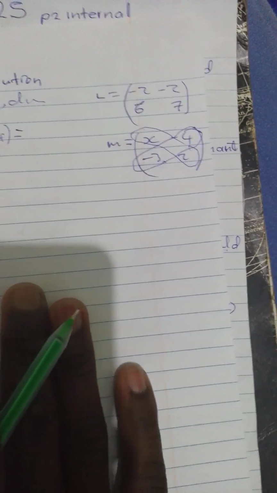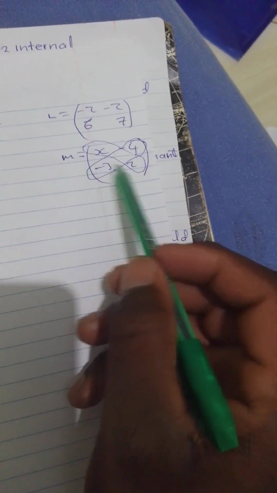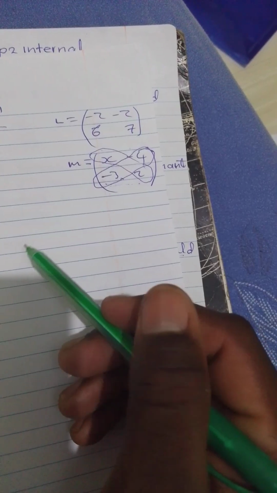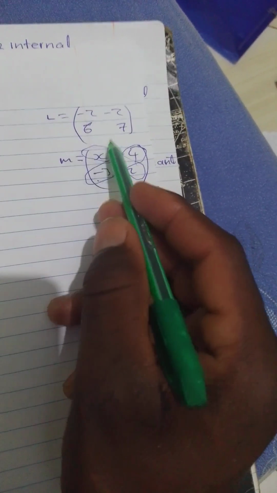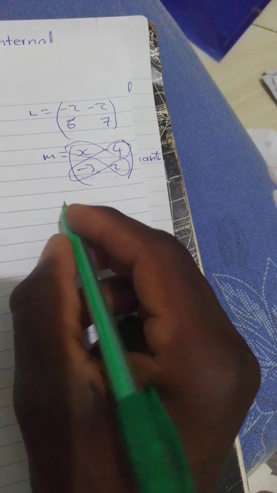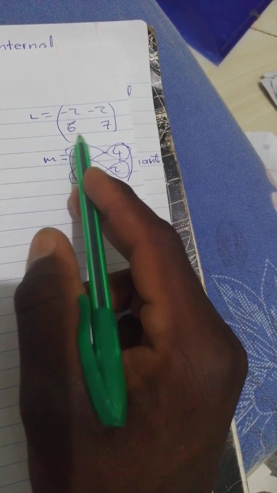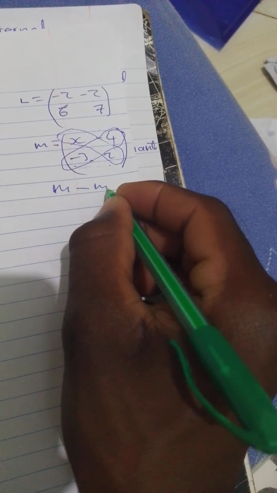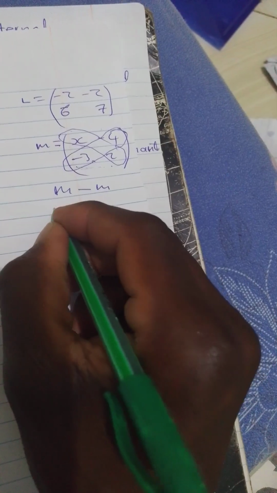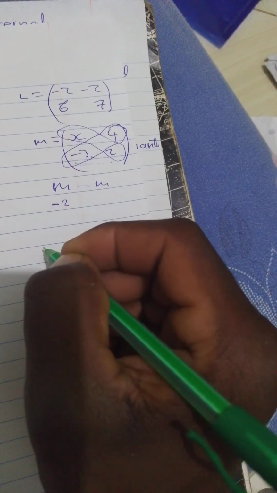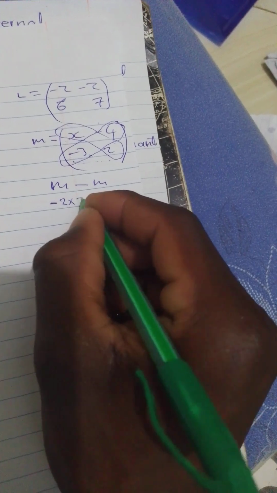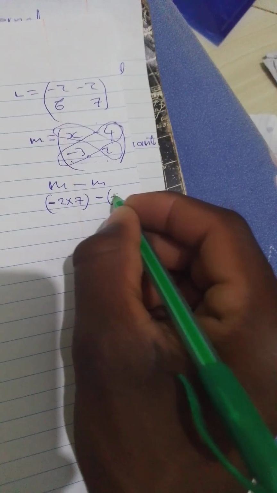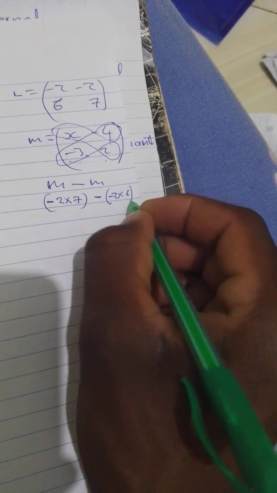So first of all, before going further, let's find the determinant. We can't use this matrix to find the determinant because we have a letter, so we can't get the actual number. So we're going to use this matrix and find the determinant for it. Since it's minor diagonal minus the major diagonal, we're going to say -2 multiplied by 7, minus, open brackets, -2 multiplied by 6.